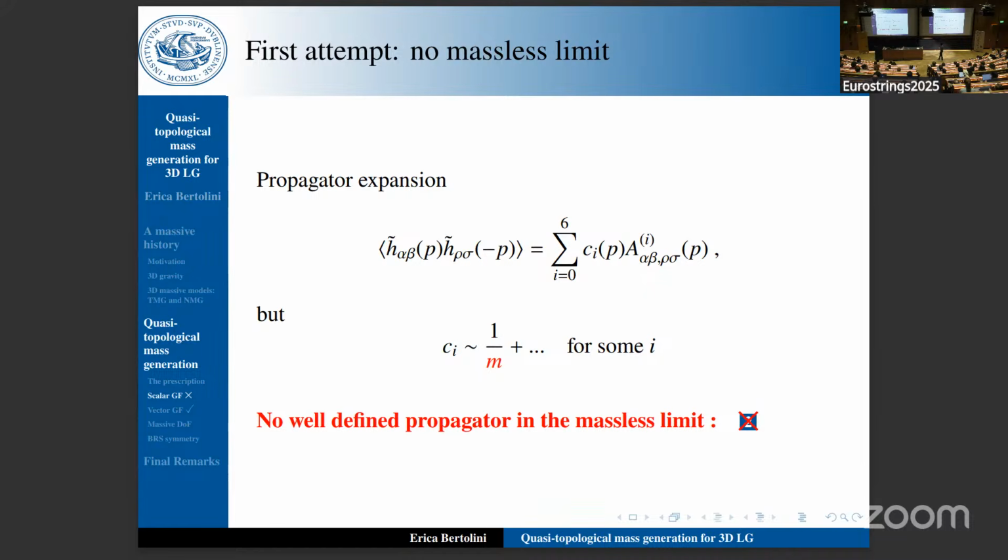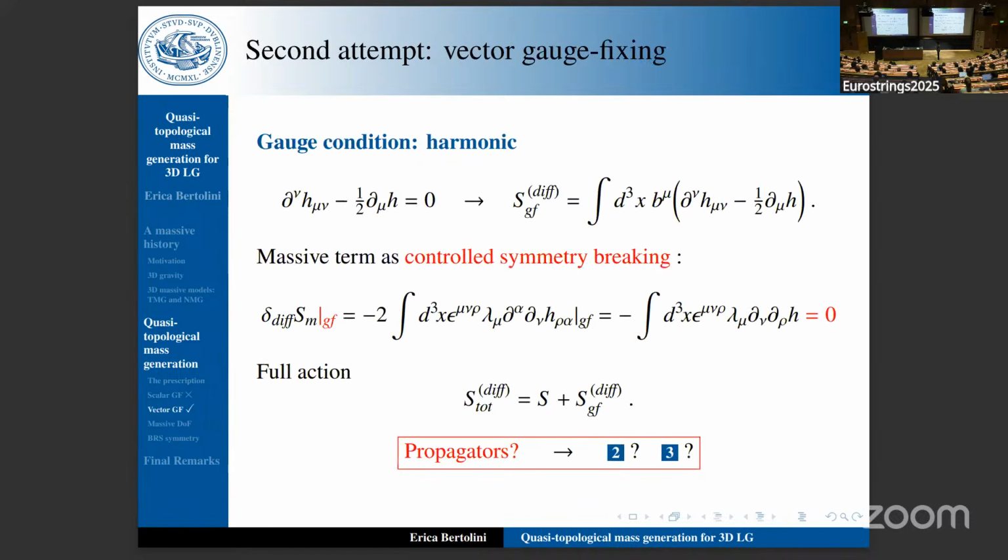But not all hope is lost, because actually we should have treated this as a usual massive gauge theory, where the mass breaks the gauge invariance, and our real symmetry is related to the diffeomorphism. So we want to consider the theory with a vector gauge fixing, the usual harmonic one, with the following gauge fixing term.